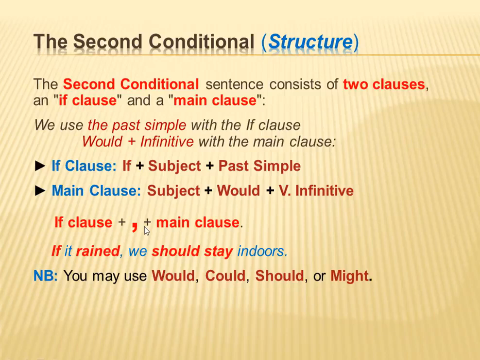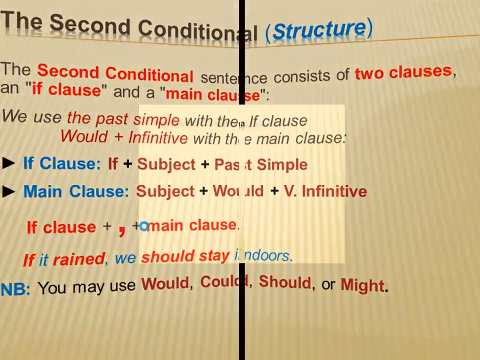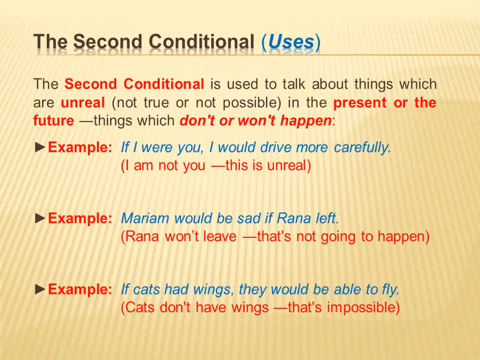Note that you may use would, could, should or might for the second conditional. The second conditional is used to talk about things which are unreal, meaning not true or not possible in the present or future, things which don't or won't happen.